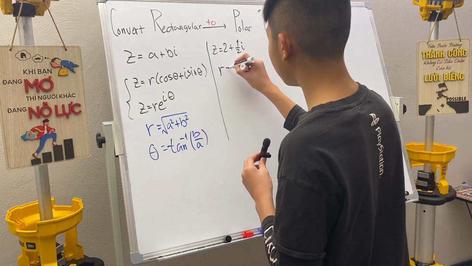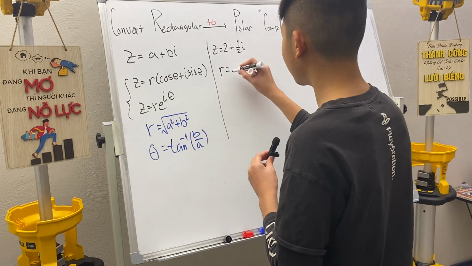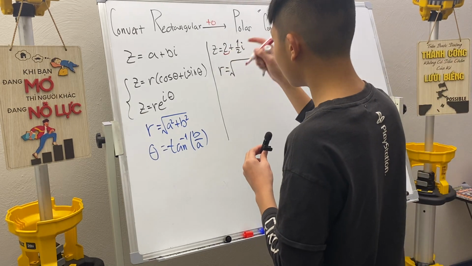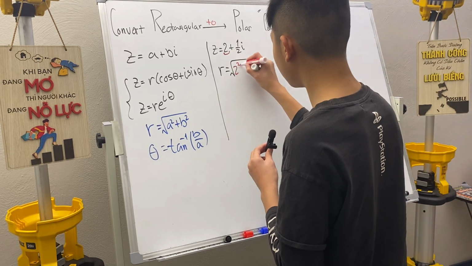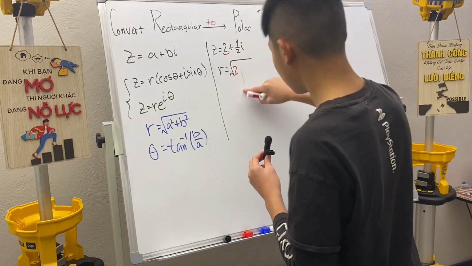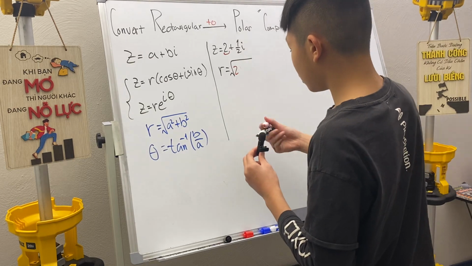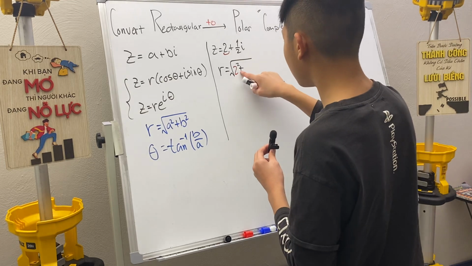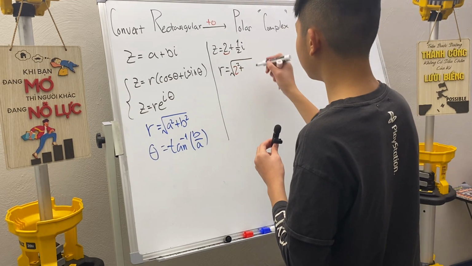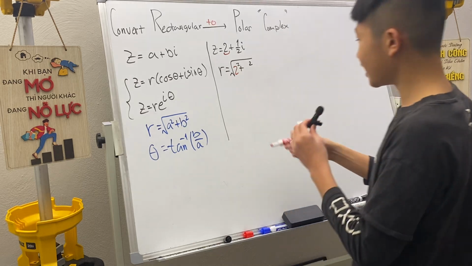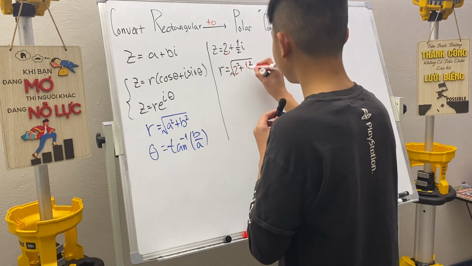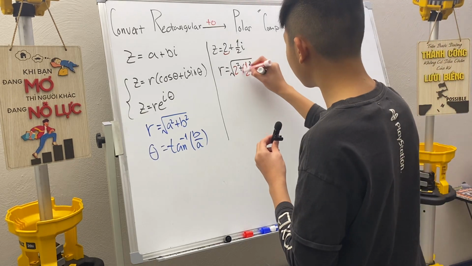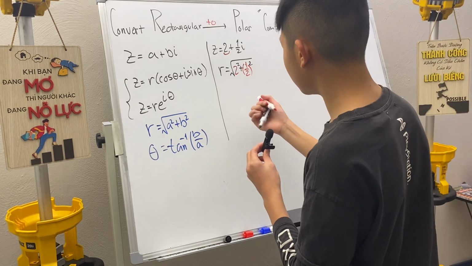For the radius, my bad, it's the square root of 2 squared plus this squared. I'm writing the squares first: 1 half squared, not 1 squared over 2. That's why I use parentheses, so you can tell.